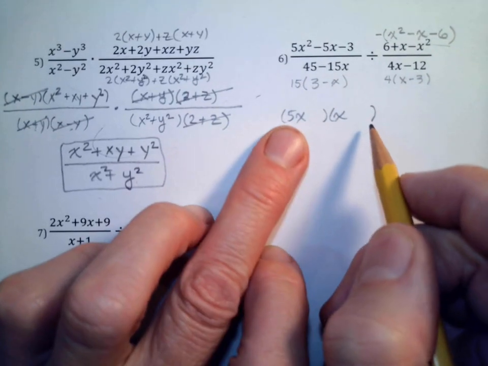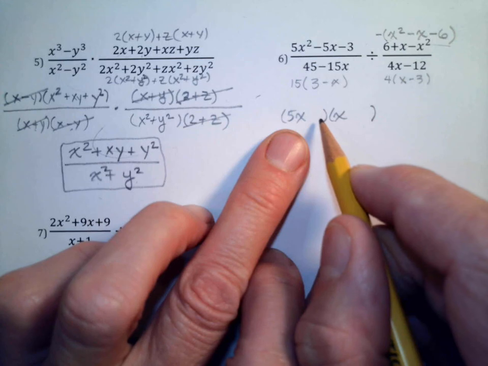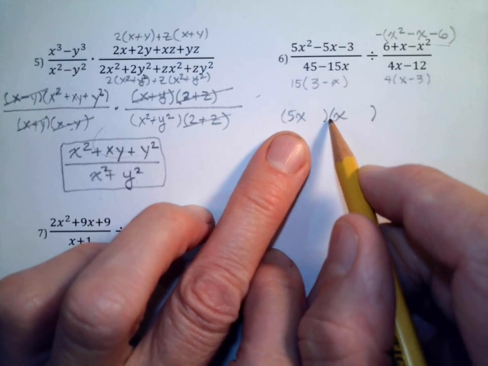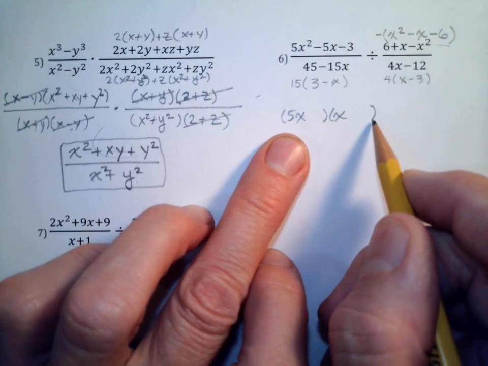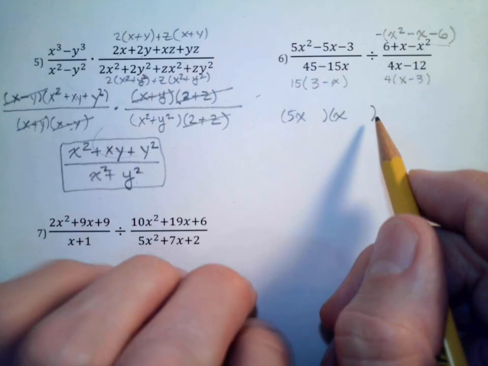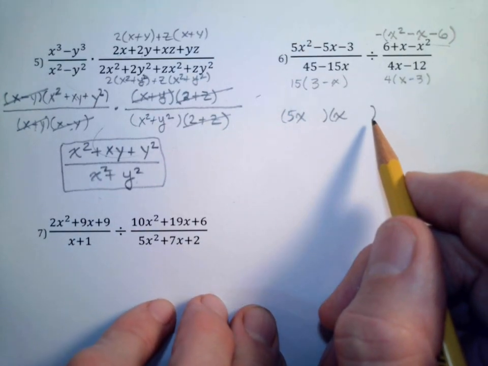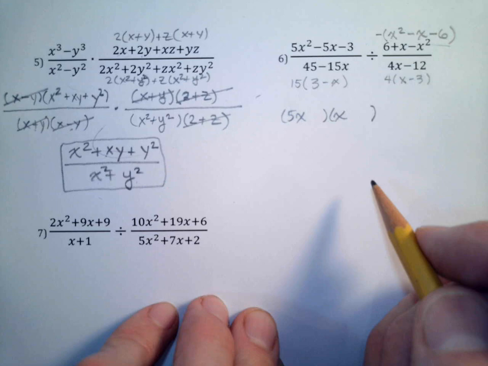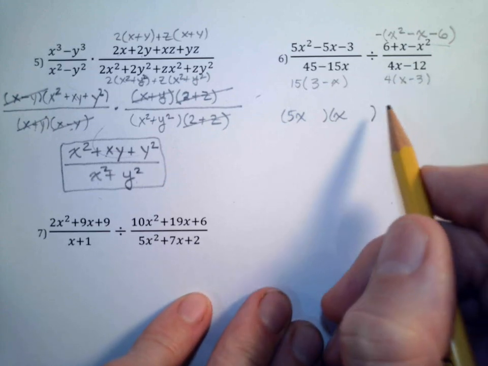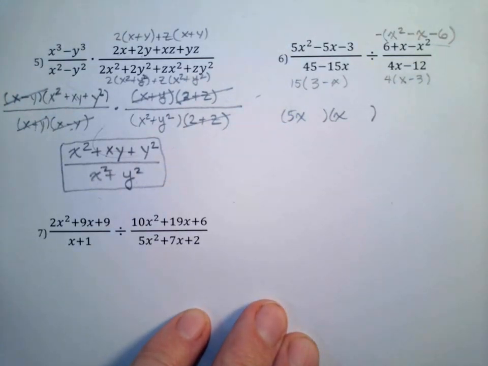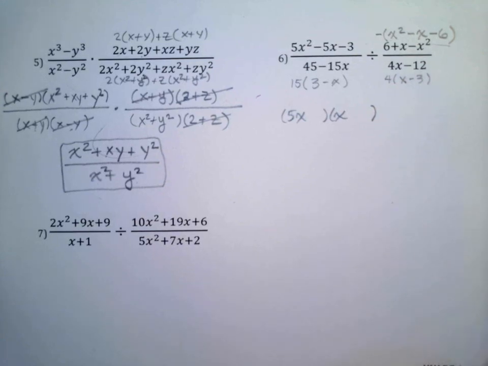3, let's see, do I want my 3 here, or do I want my 3 here? Let's see, I'm trying to think if this actually factors. This seems like it's not going to factor.